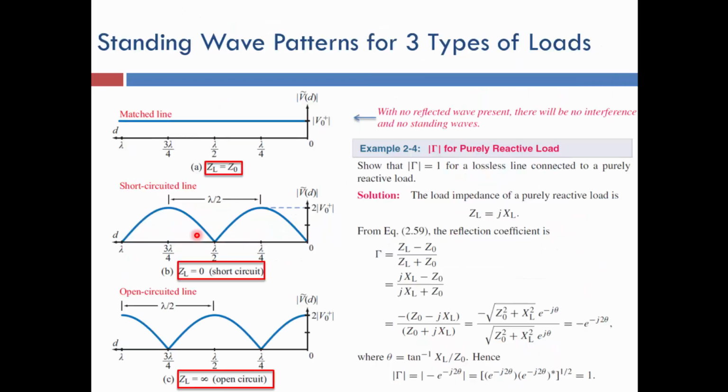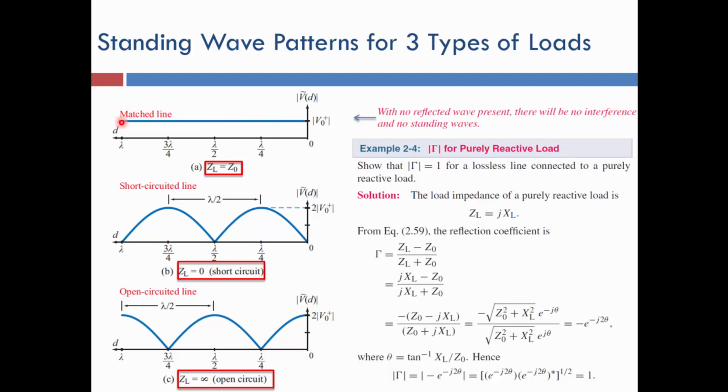Also, if anyone asks about the matched case, or about the standing wave ratio if there is no reflection: if there is no reflection, that means the reflection coefficient is equal to 0, and that means there is no standing wave or stationary wave.